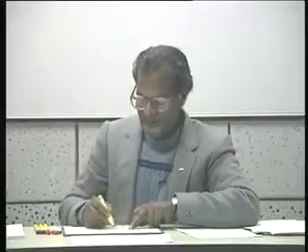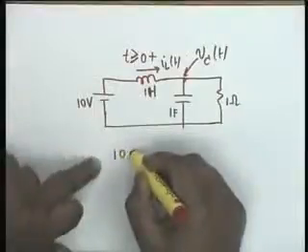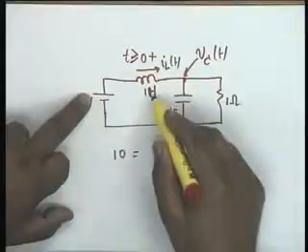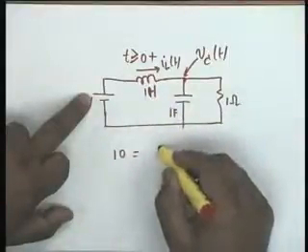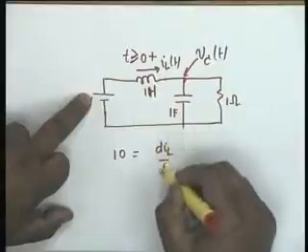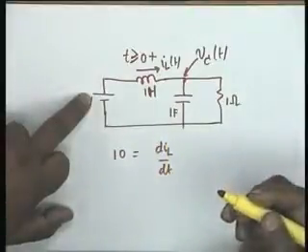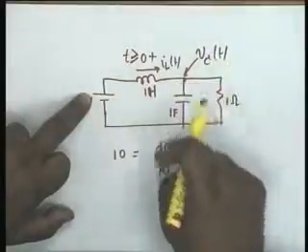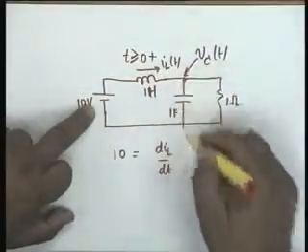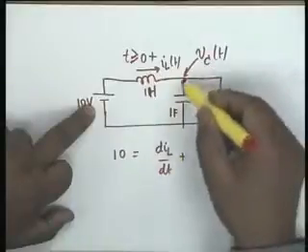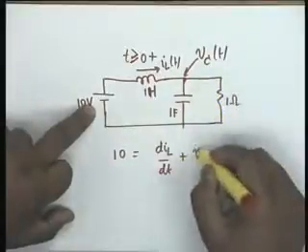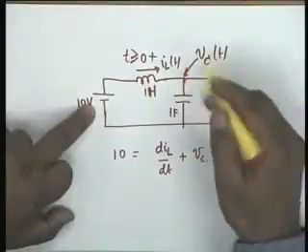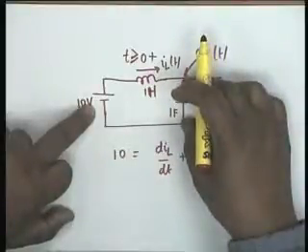Now in writing this equation, we write 10, the driving source, equal to 1 Henry times dIL dt. You see dIL dt has come into the equation. You have to seek those equations which give you the desired quantity, dIL dt. This voltage I will simply write as V sub C, not in terms of the element equation.